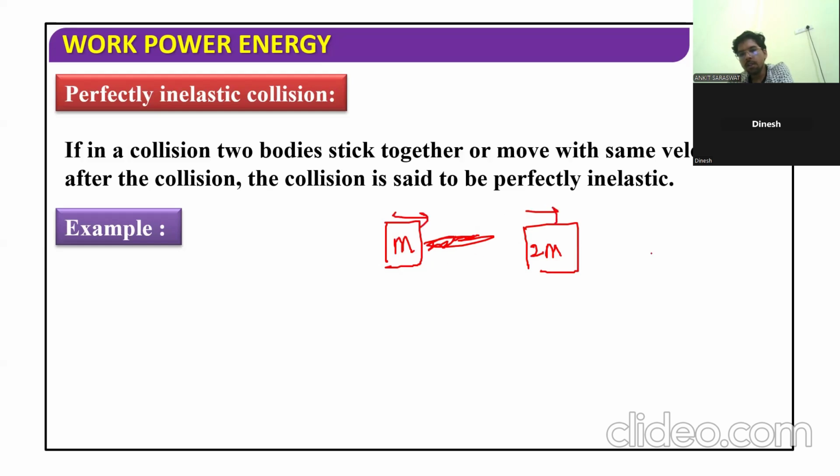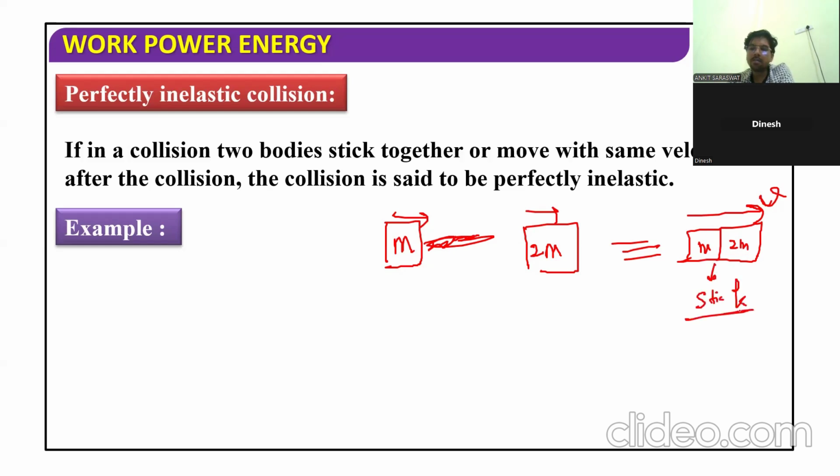After collision, both the bodies stick like this and move with a combined velocity v. We say this is known as perfectly inelastic collision. So after collision, they stick. Perfectly inelastic: maximum loss of energy here.